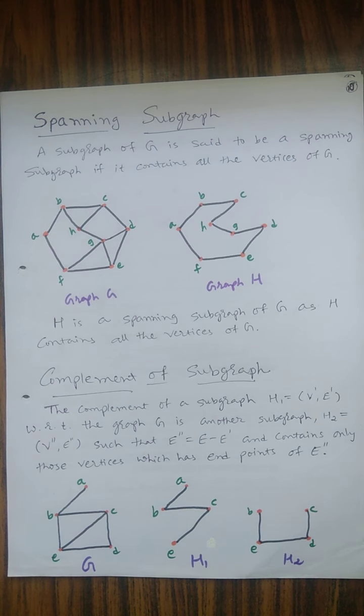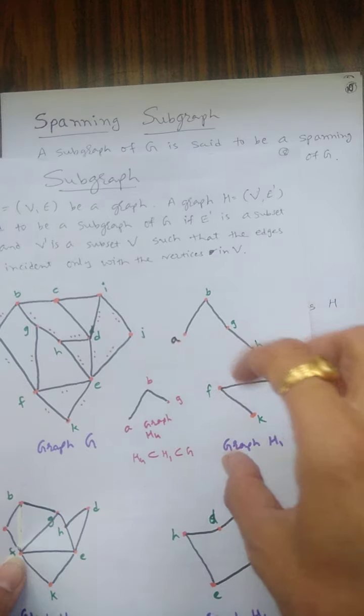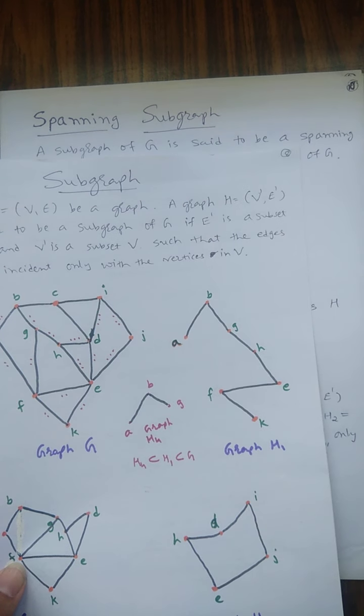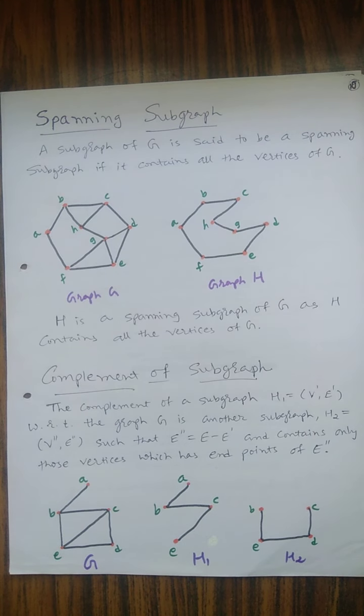A subgraph of G is said to be a spanning subgraph if it contains all the vertices of G. In the simple subgraph definition, some vertices may be missing, but in a spanning subgraph, all the vertices are compulsory. No vertices are missing. If some edges are missing, then that is fine, and it is still a subgraph.